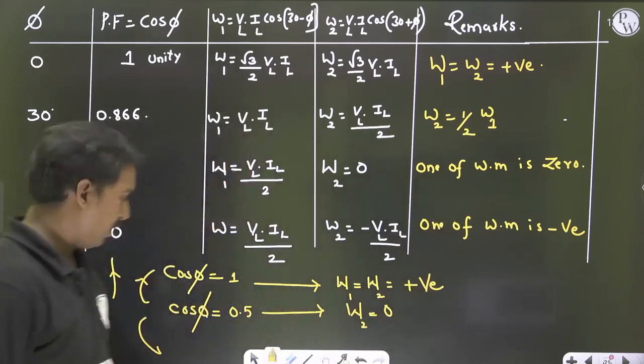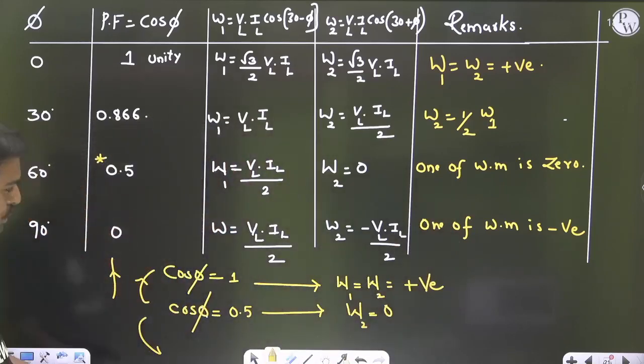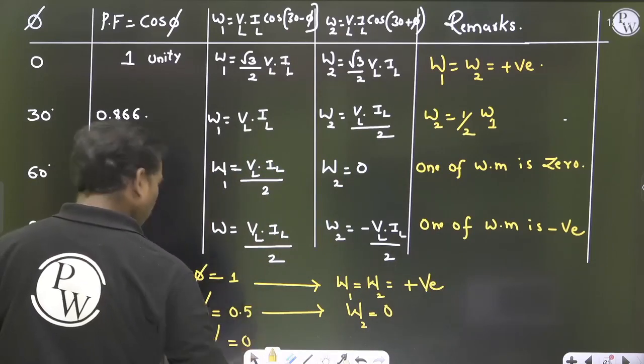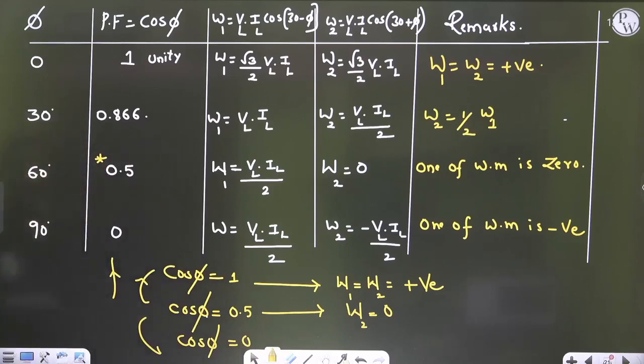If the power factor is reducing, that means from 0.5 it is coming down, for example 0 power factor. I think we are done.